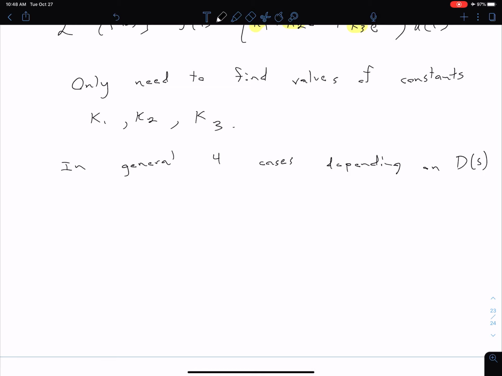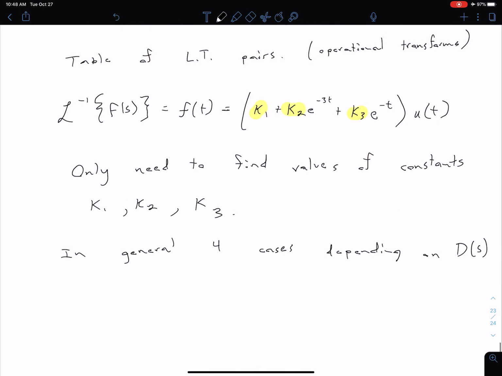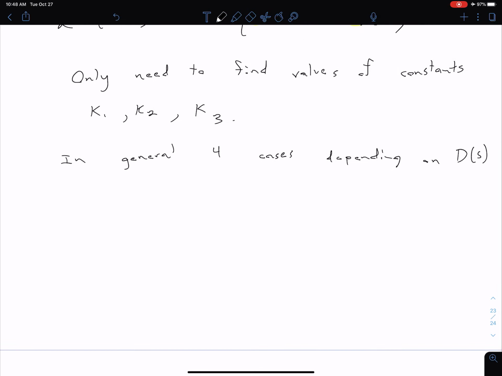Recall before what we had said is our F(s) in general can be characterized as some numerator polynomial divided by some denominator polynomial. And so based on the form of this denominator polynomial, we have four different cases. What those four cases are is, one, real and distinct poles. And this is the case that we see above.